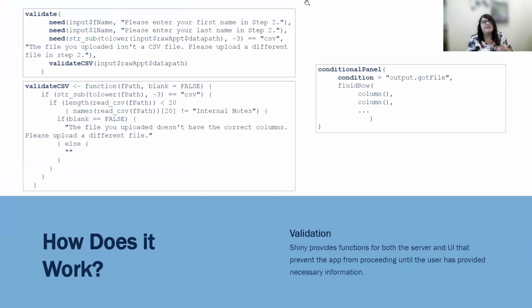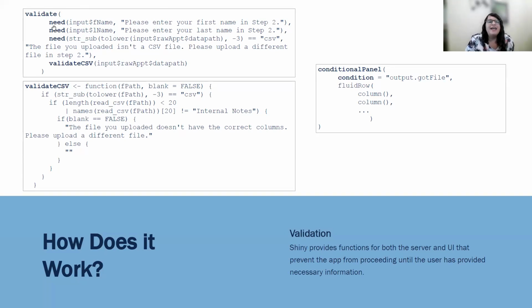So how were we able to make that work? Since we're doing things one step at a time, we have to move in a process. The validation tools that RShiny comes with are really helpful. We have this function called validate that we use on the server part of our code, and it's really simple to use.